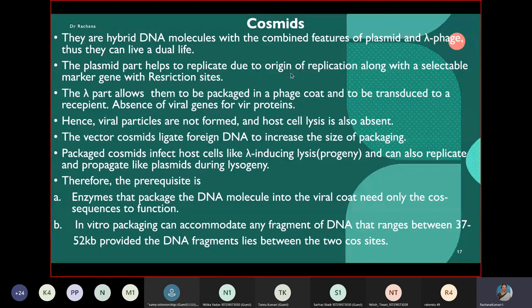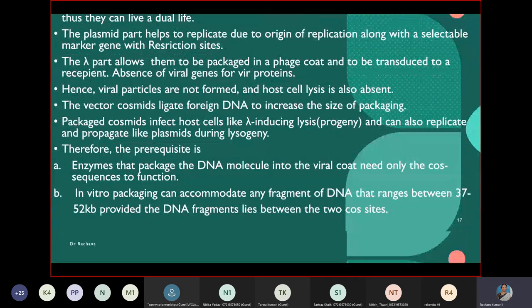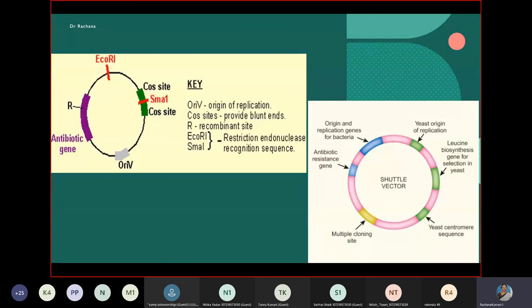And they have the property of replication, because the origin of replication is also part of the same segment of the fragment where the foreign insert DNA is lying. So such cosmids are said to be more efficient in comparison to either the plasmid or the phagemid or the phage vectors.